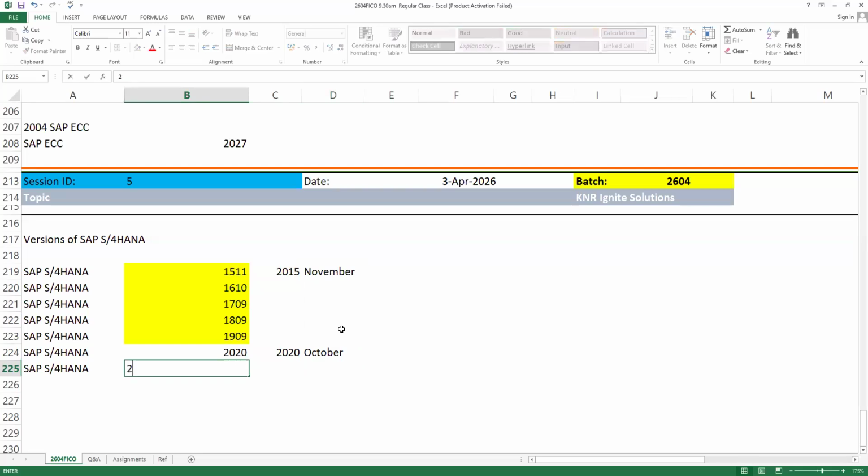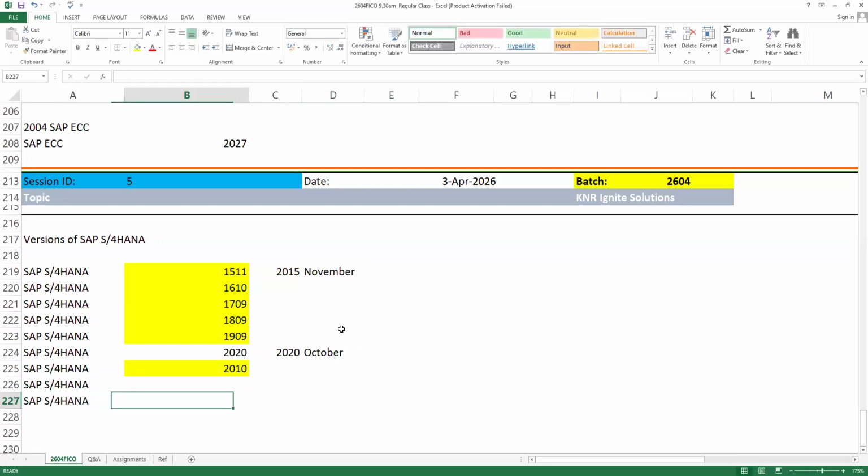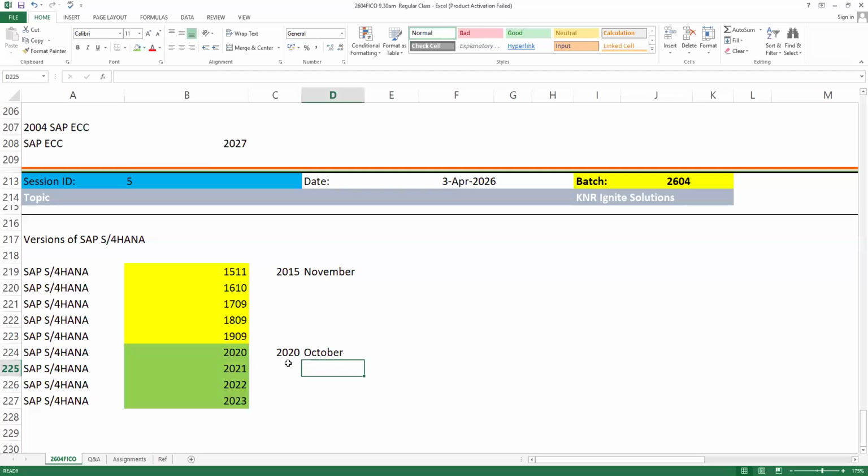Then they have 2021, 2022, and the latest version is 2023. This pattern is different in naming, but every time they came up with a release in the month of October only. See, some similarity is there. The latest version is SAP S/4HANA 2023, and we are going to get trained on this version only, SAP S/4HANA 2023.